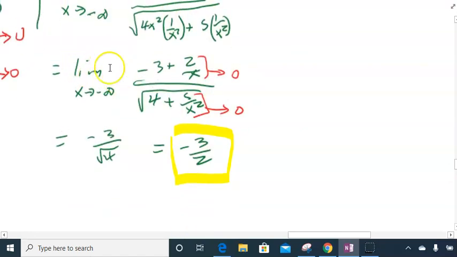And then that will be equal to the limit as x approaches negative infinity of negative 3 plus 2 over x, where 2 over x approaches 0, over the square root of 4 plus 5 over x squared, where 5 over x squared approaches 0. So that will become equal to negative 3 over radical 4. And the final answer will be negative 3 over 2.